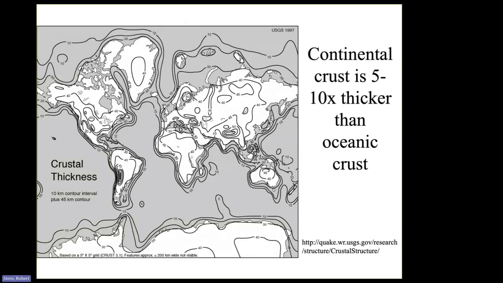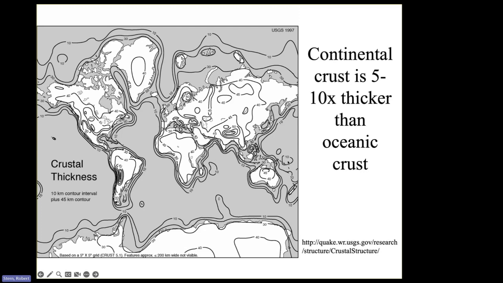All right, so as we said, continental crust is 5 to 10 times thicker than oceanic crust. This is a map of crustal thickness. And you can see that all of these contours are basically around the continents, because the oceans are basically the same thickness everywhere. Okay, maybe there's a little bit thicker crust here and a little bit thicker crust here.